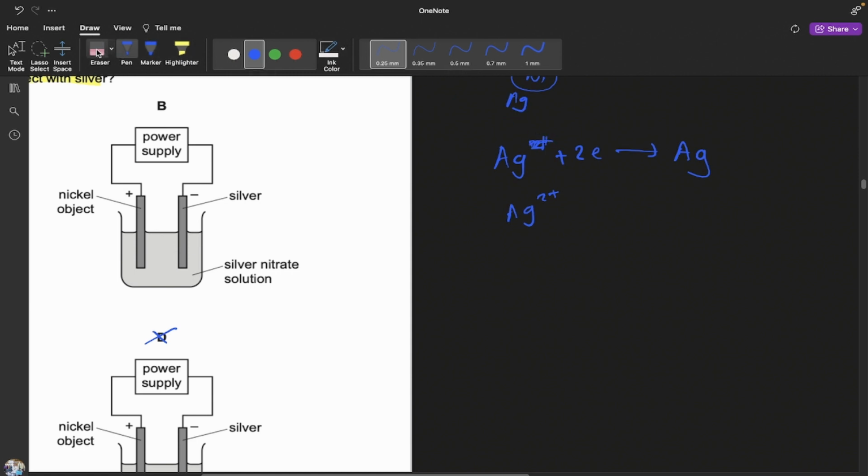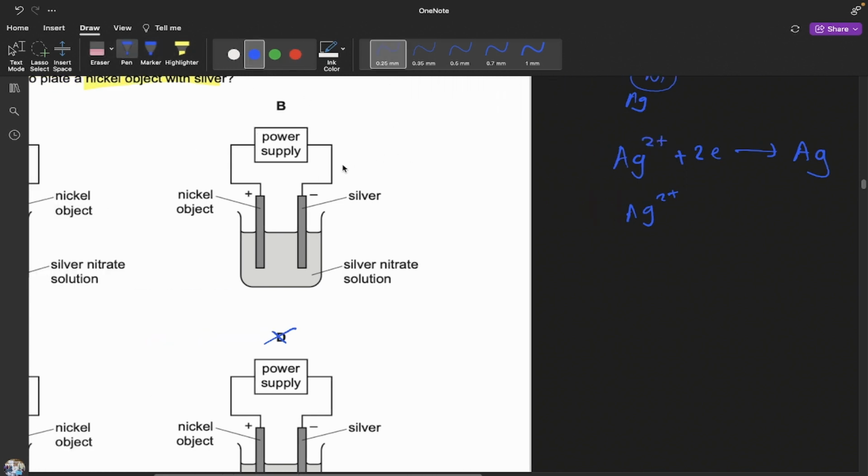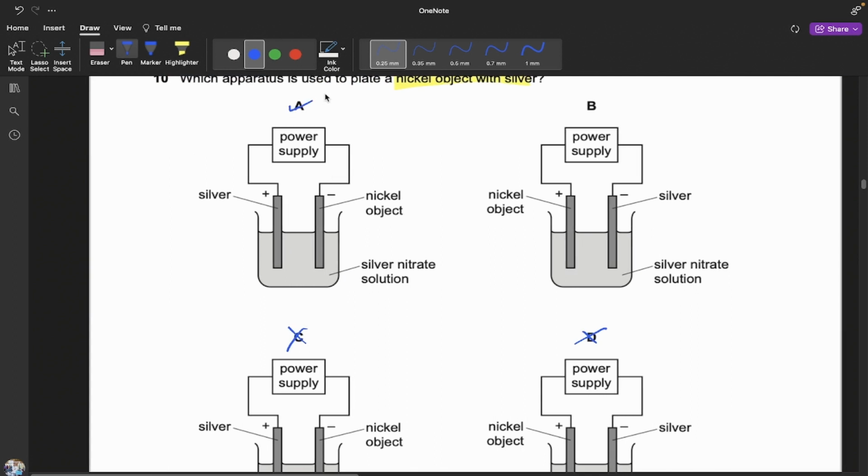So plus means it is the positive side, so nickel should be kept in the negative terminal. So the answer is A. The Ag+ will deposit here, gain an electron and form Ag on this nickel object.